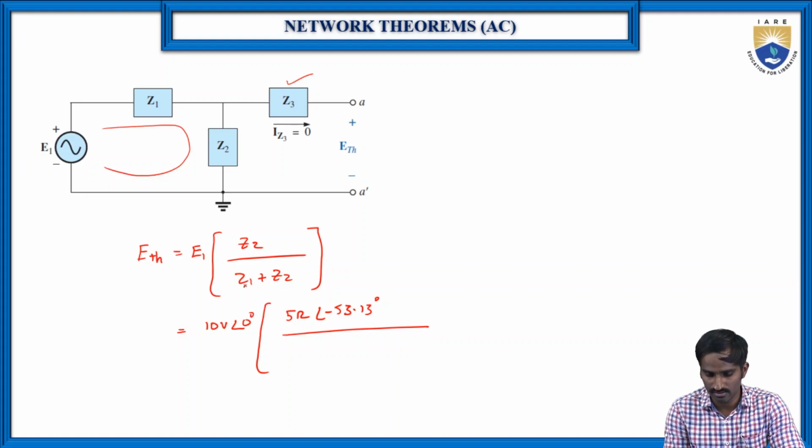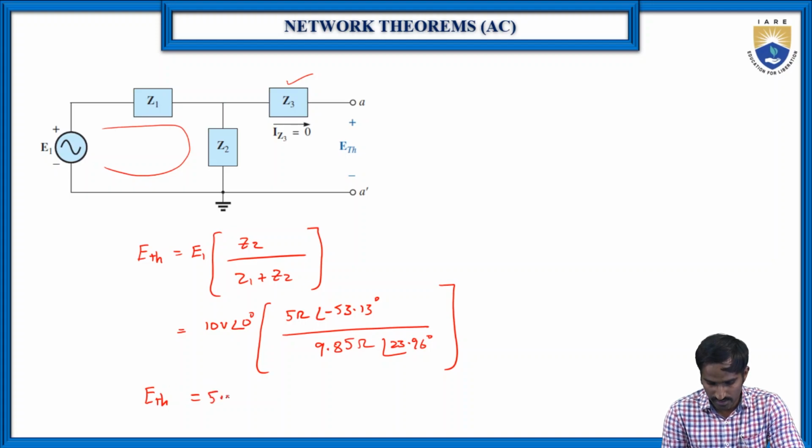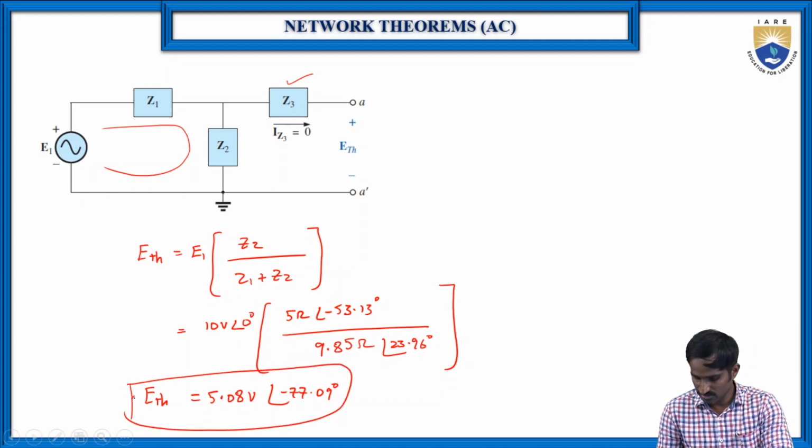I am writing the Z1 plus Z2 value because previously we have calculated it: it is 9.85 ohms at an angle of 23.96 degrees. If you simplify this, you will get E Thevenin's equal to 5.08 volts at an angle of minus 77.09 degrees. So now we got the value of E Thevenin's as well as Z Thevenin's.